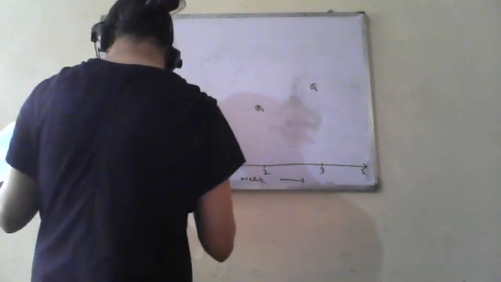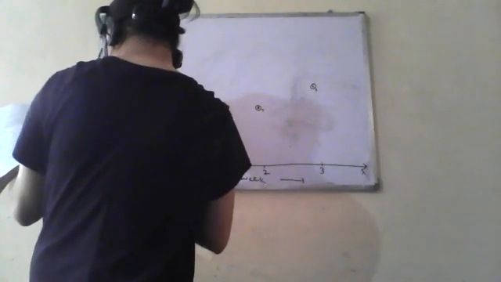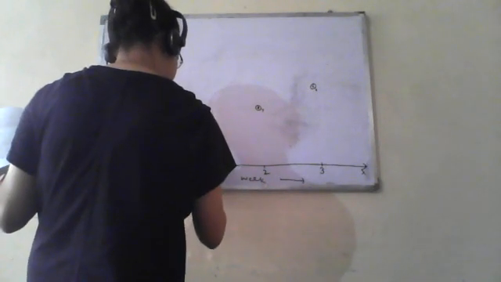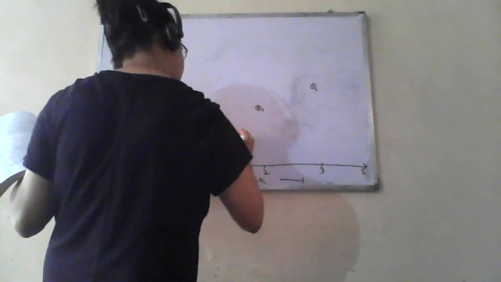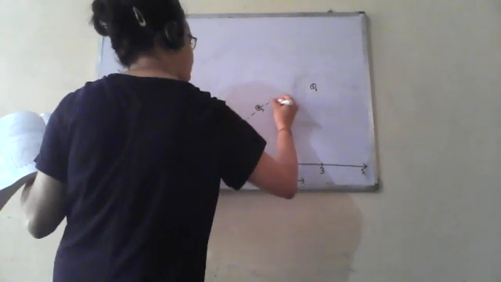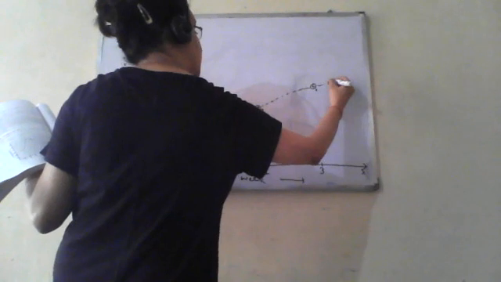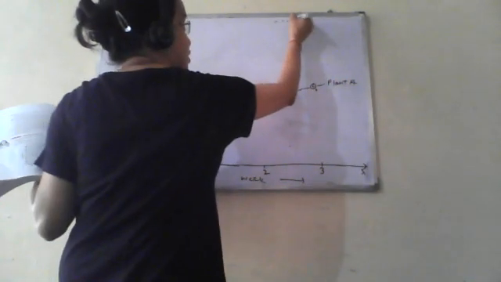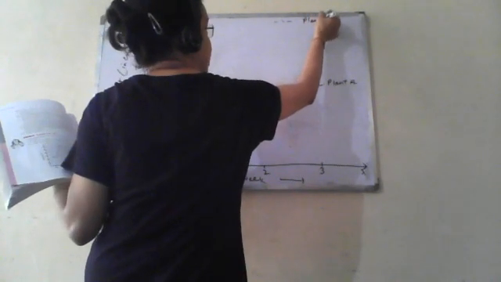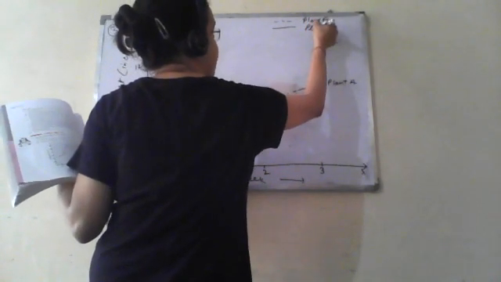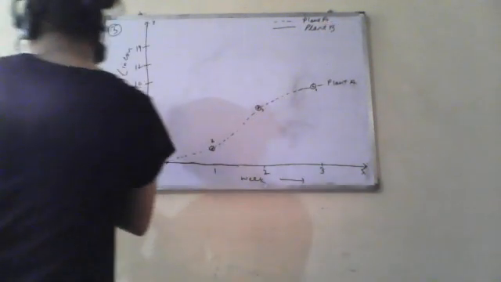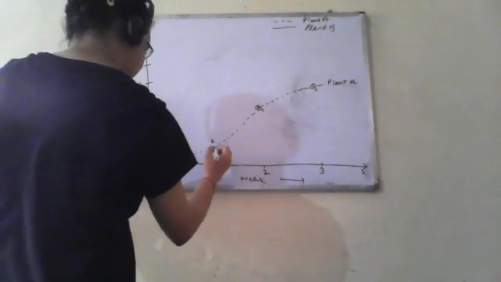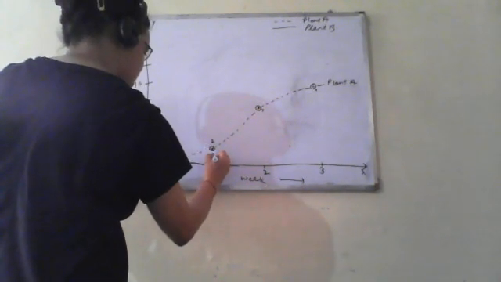So what they have done, they have represented it with dotted lines. This is plant A. Plant A is with a dotted line. Dotted line represents plant A and plain line represents plant B. For plant B, at the first week, growth was 1 centimeter.